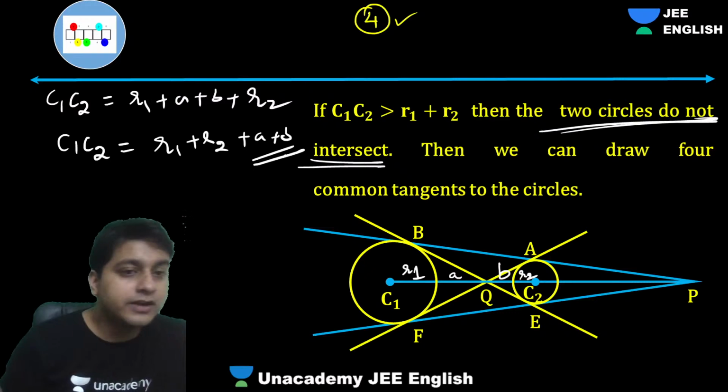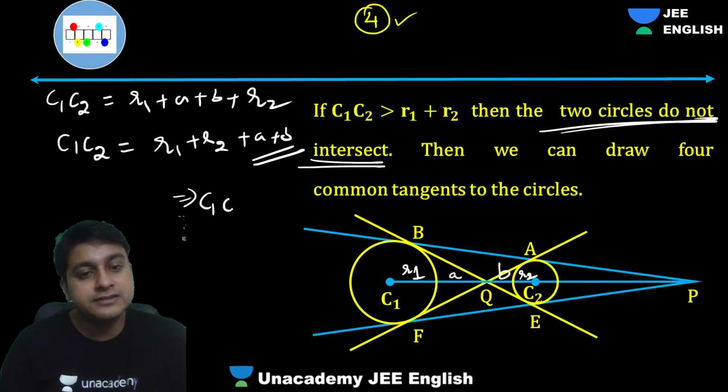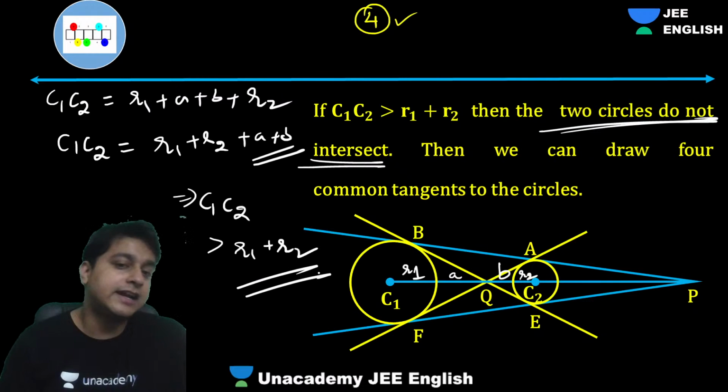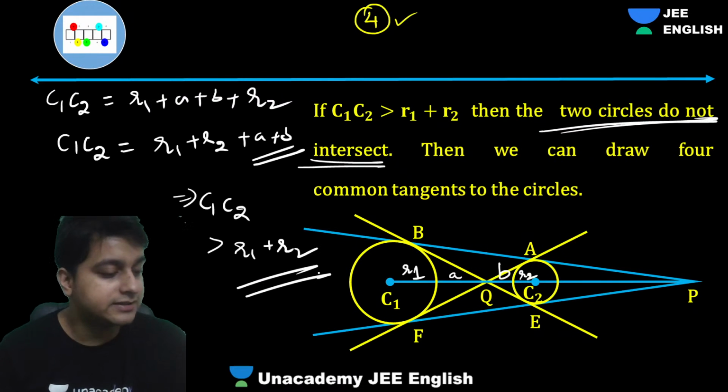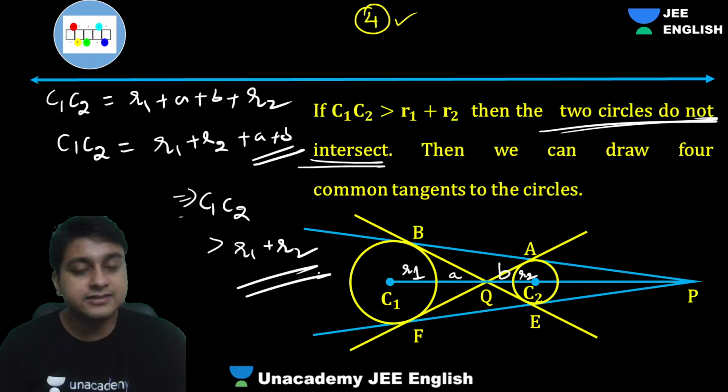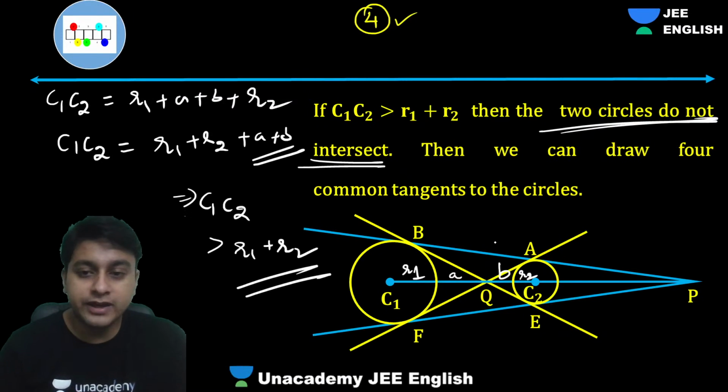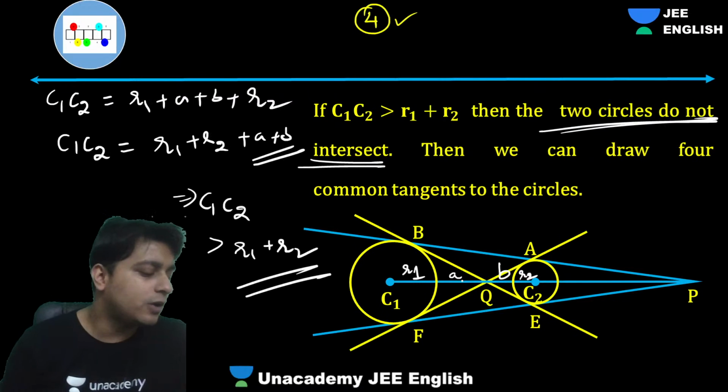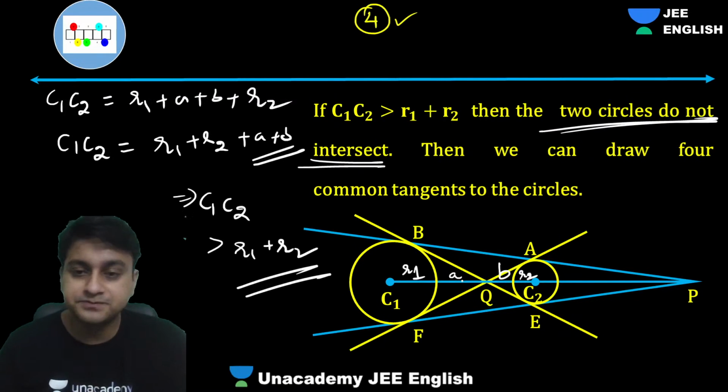So C1, C2 has to be more than R1 plus R2 if the circles are non-intersecting. Obviously correct. So C1, C2 has to be greater than R1 plus R2. A, B are some lengths which we don't know right now and we are not concerned about them.